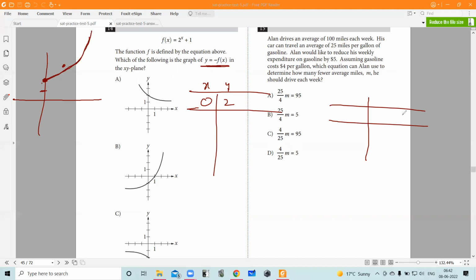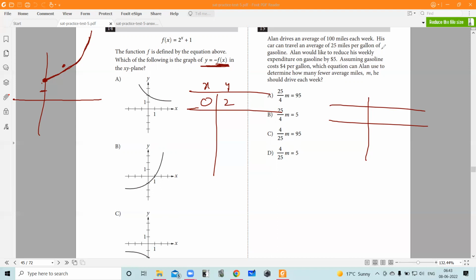I was thinking that it could be flipped over the x-axis. Yes, that is what I was also thinking. It might be flipped over the x-axis because for the y, whatever values you're getting, you're flipping them. You're making them negative.